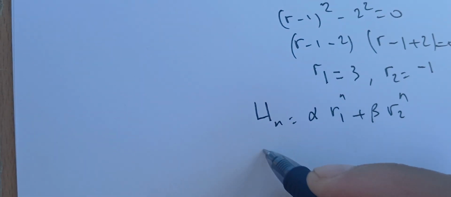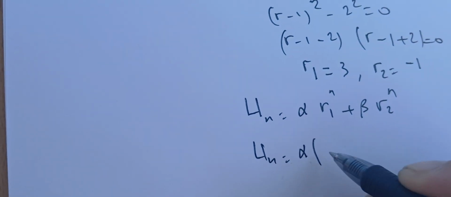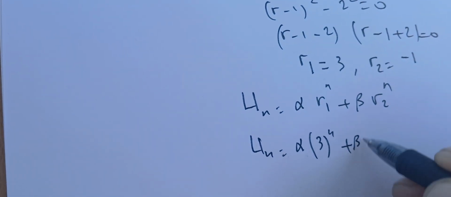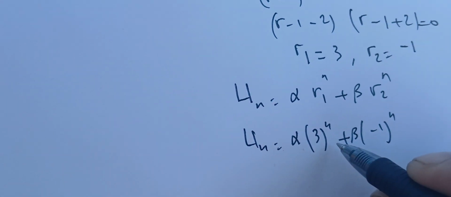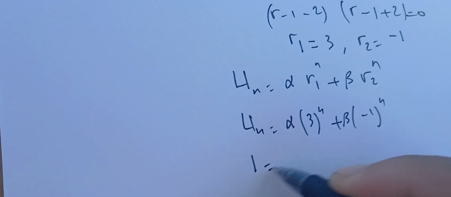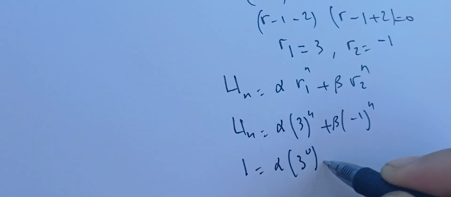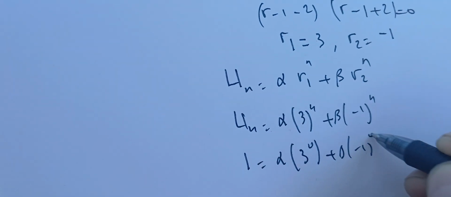So we can write u_n. Now we know that r1 is 3, so this is alpha 3 to the power n plus beta (minus 1) to the power n. Using u_0 is 1, we have 1 is alpha 3 to the power 0 plus beta (minus 1) to the power 0.